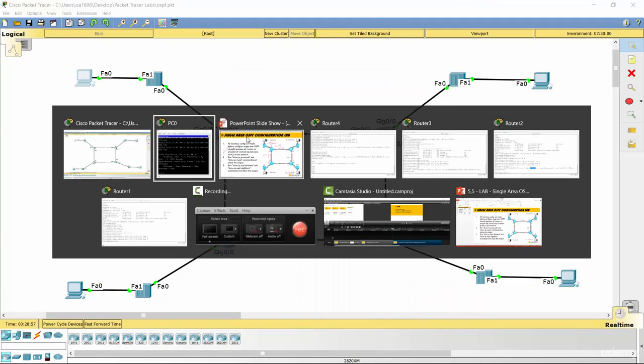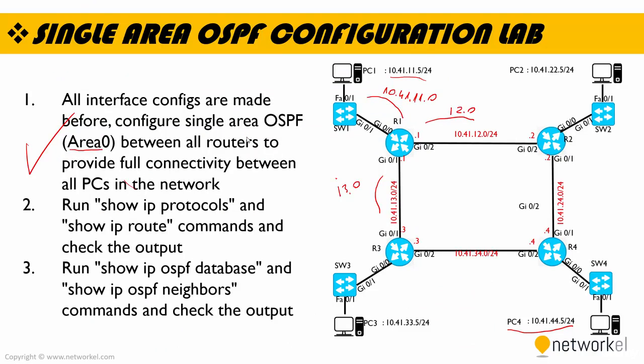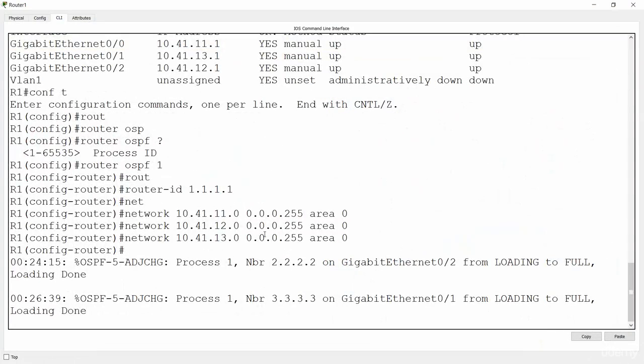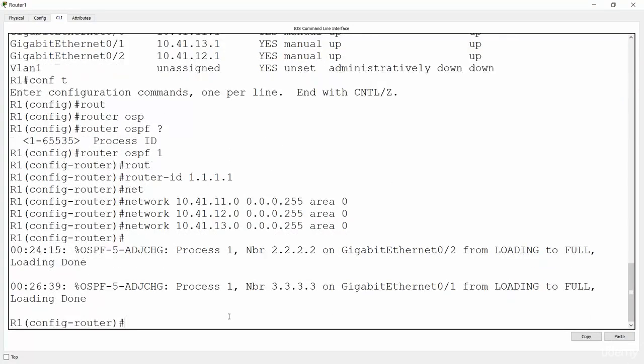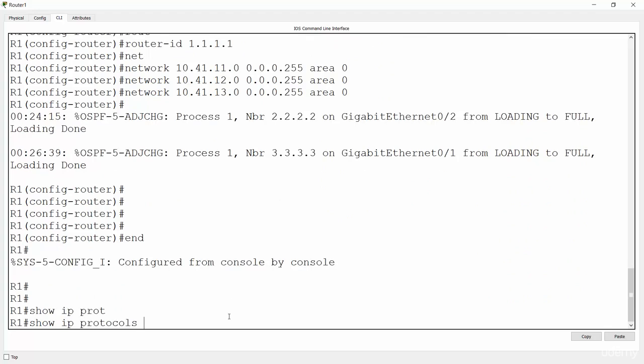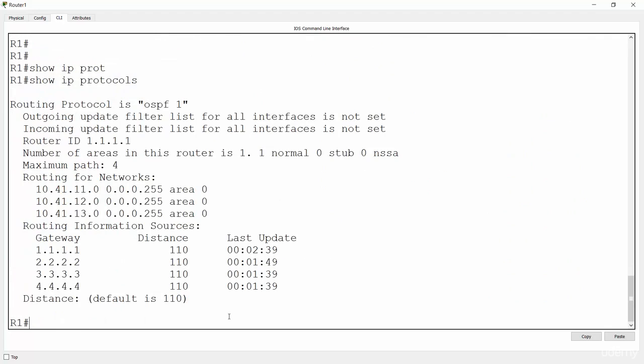In the second step, we need to run the show ip protocols and show ip route commands. Let's go to router 1 and run the show ip protocols command. Alright, that's what I expect to see.